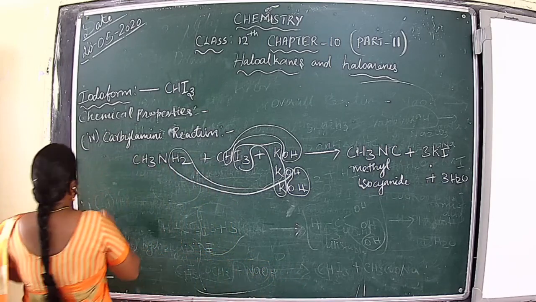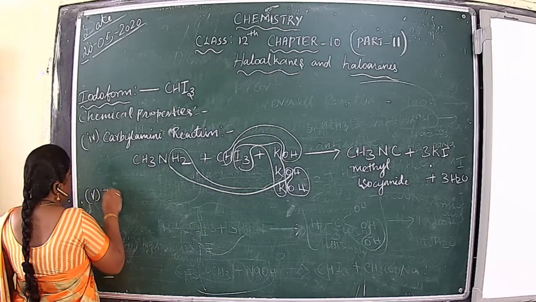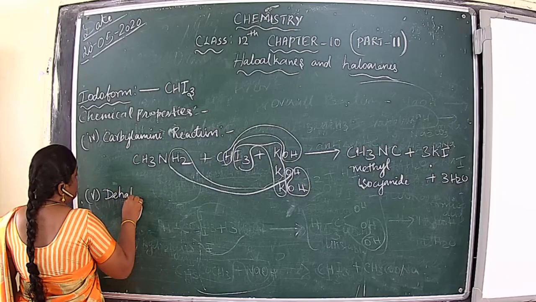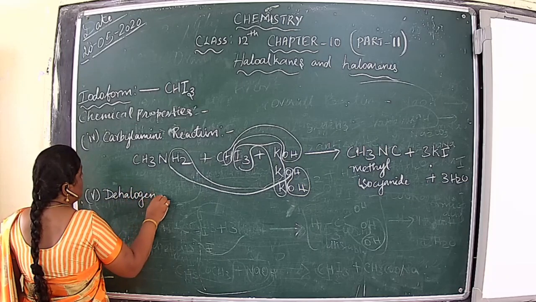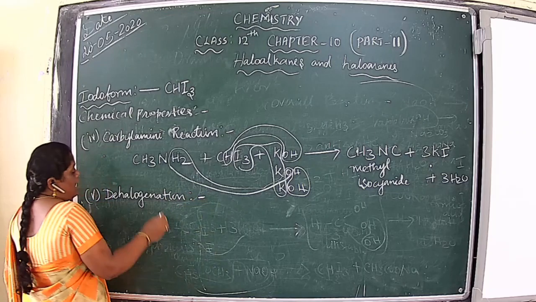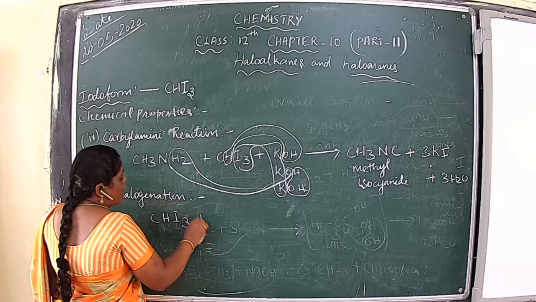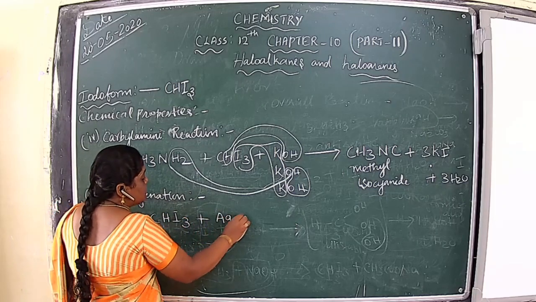The next chemical property is dehalogenation. Dehalogenation, we know, is the removal of halogen. So we can take two molecules of iodoform and react with silver.